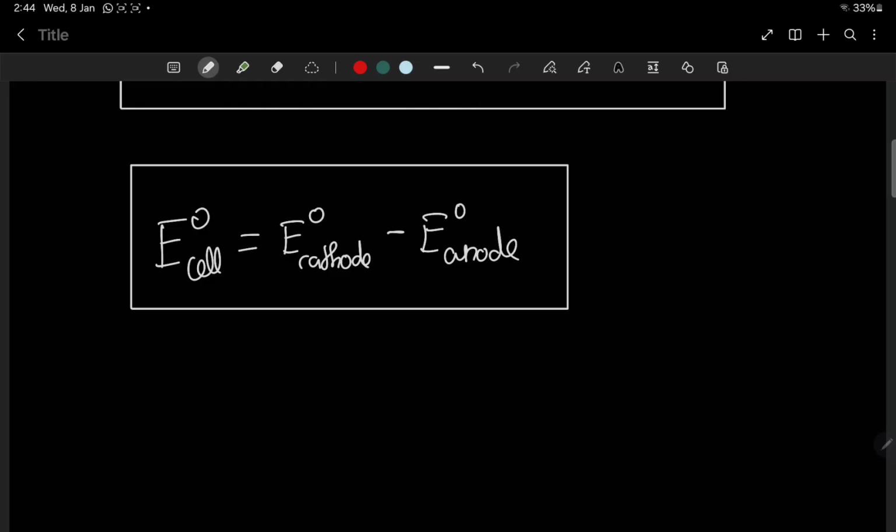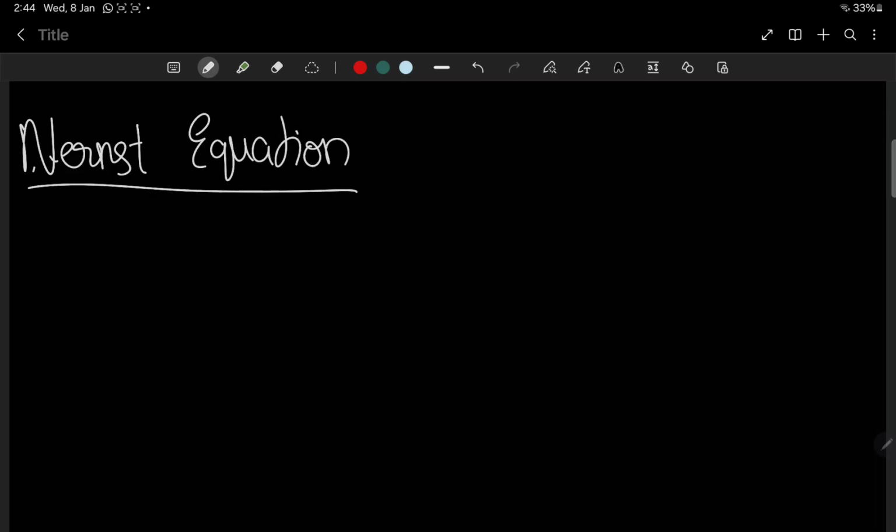Now we have the Nernst equation. Nernst was a scientist. We know E naught of a cell, and all other matters. Nernst wanted to find the electrode potential at specific concentrations.